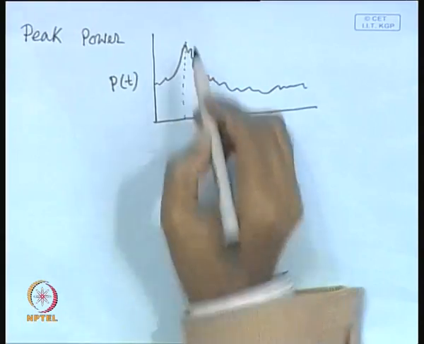That means, whenever you are writing to or reading from memory, you may be reading wrong data when that transient occurs. So, in other words, peak power affects the circuit in terms of correct output. That means you may not get correct output. In other words, reliability of the circuit is affected. So, this is the peak power.